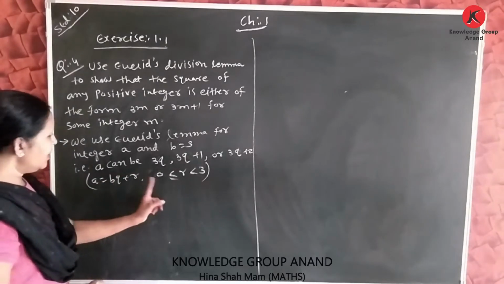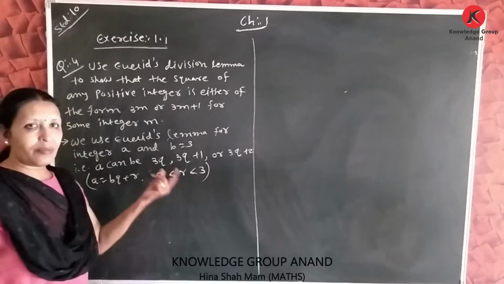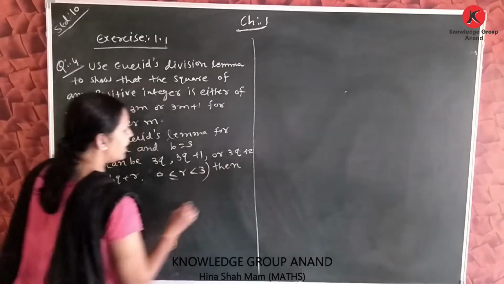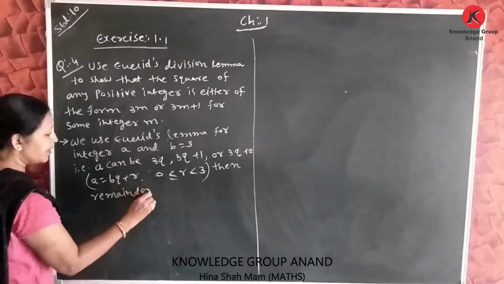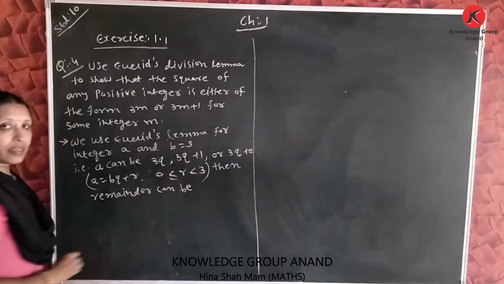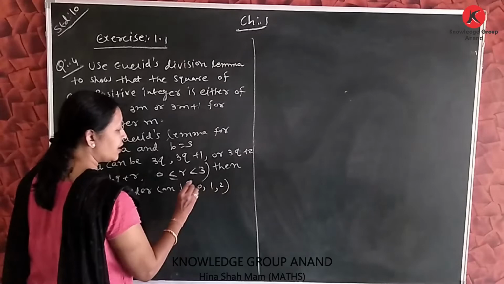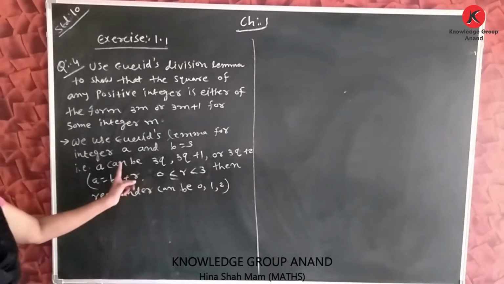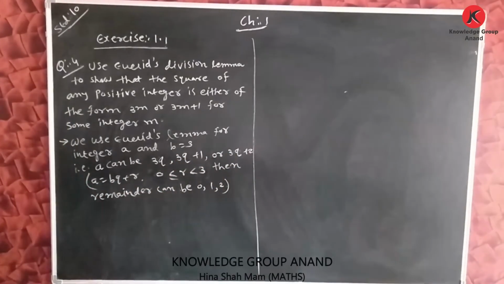Then the remainder can be 0, 1, 2. Here the remainder can be 0, 1, 2. Then we write 3q, 3q plus 1 or 3q plus 2.